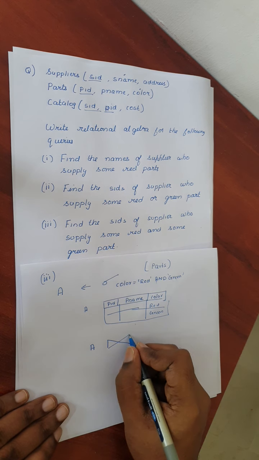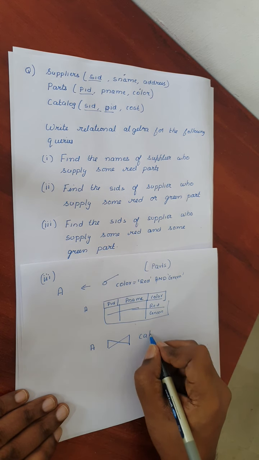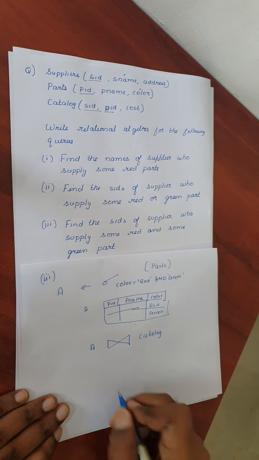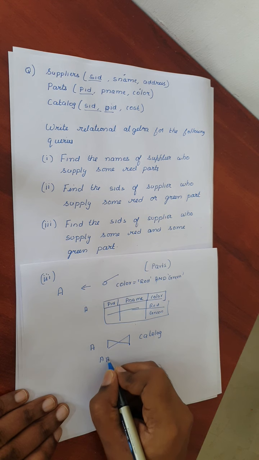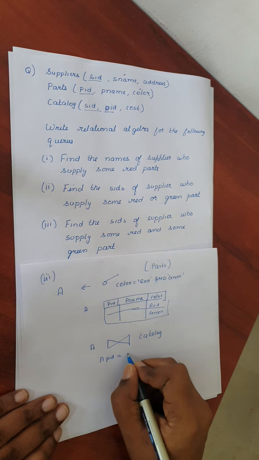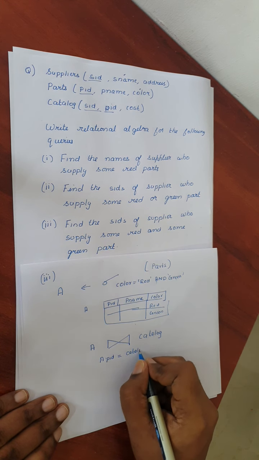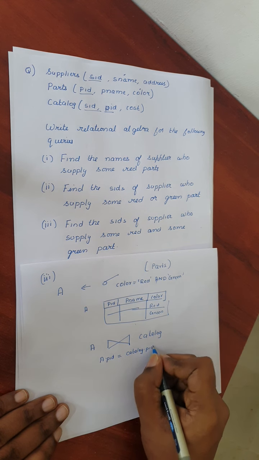A join catalog. So we will be combining using PID. Okay, A dot PID equal to catalog dot PID.